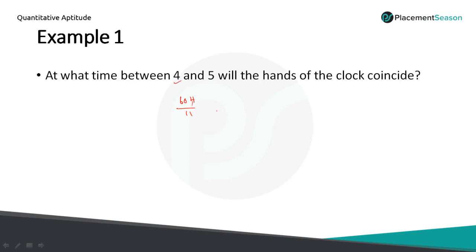So here the lowest value is 4. 60 into 4 by 11. If you simplify, you will get 21 9 by 11. So the hands of the clock will coincide after 21 minutes 9 by 11 seconds from 4 o'clock. That is, you can write it as past 4.